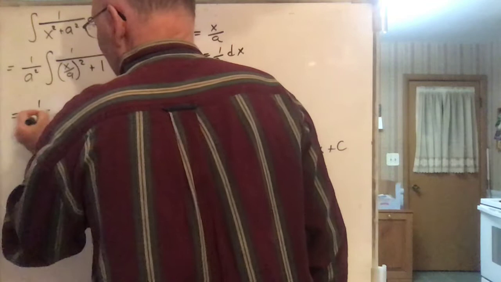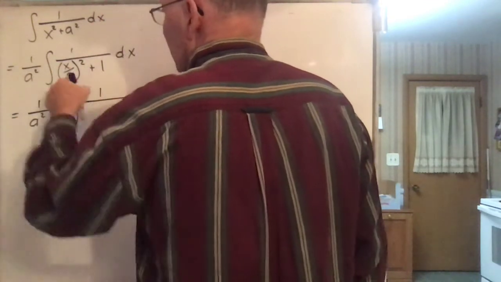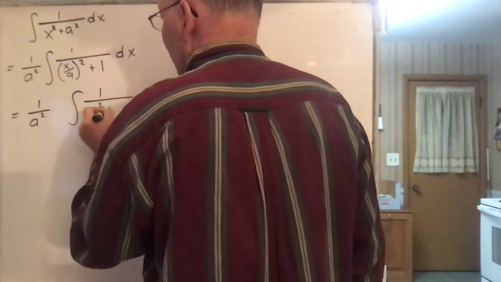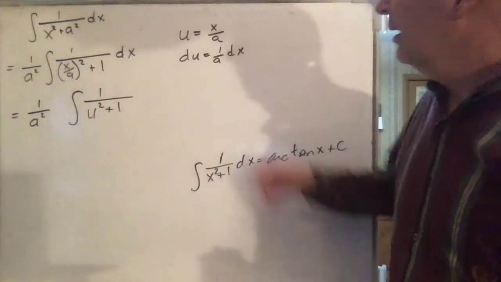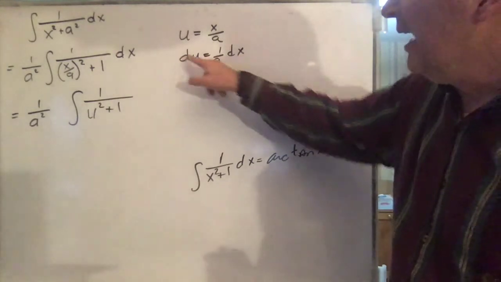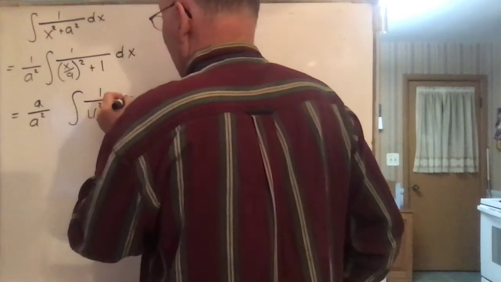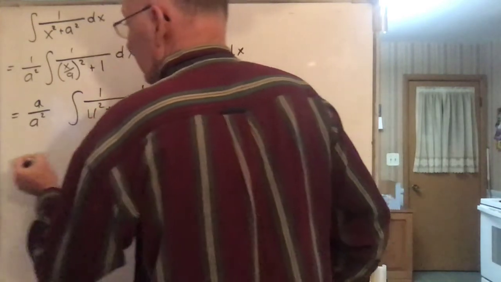And so this thing just becomes what? It's going to be 1 over u squared plus 1 dx. Notice if I solve it for dx, dx is going to be a times du. So the a can come out front, and now I have my du right there.